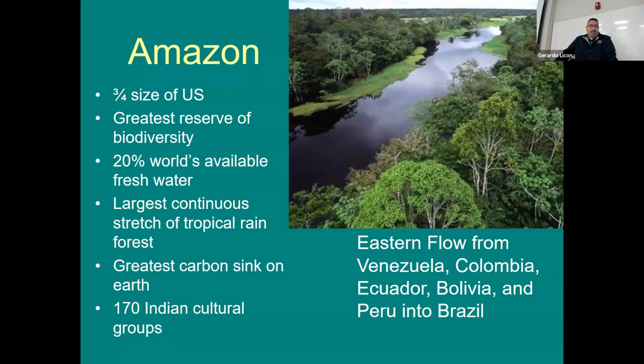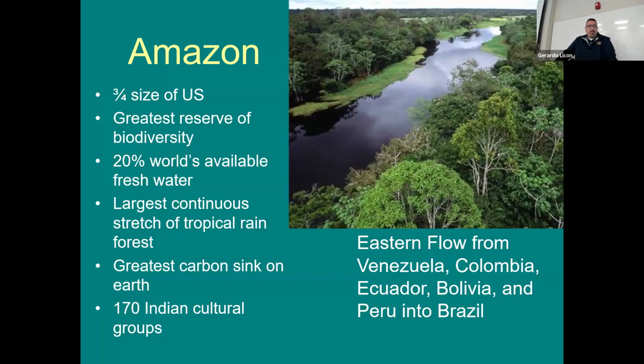It is the largest continuous stretch of tropical rainforest, and it is the greatest carbon sink on Earth. In the Amazon rainforest, there are 170 Native American or indigenous cultural groups, and we'll learn more about those later on.